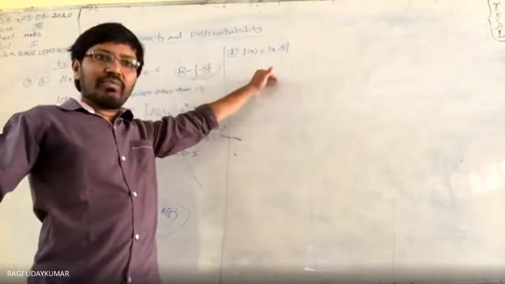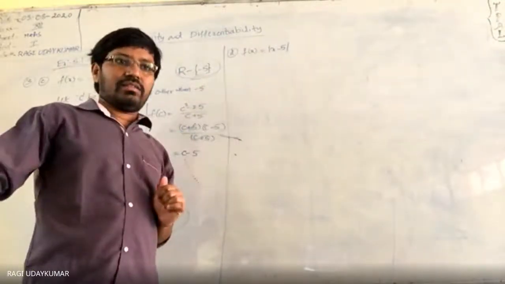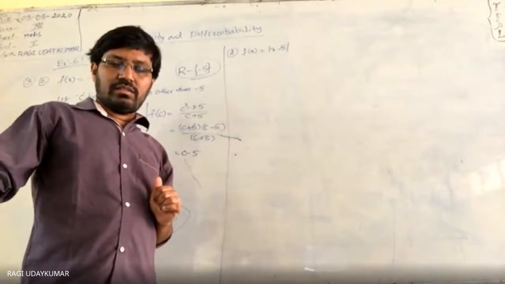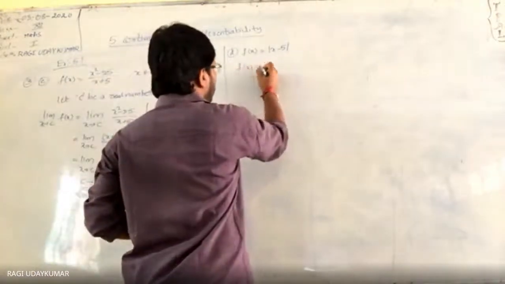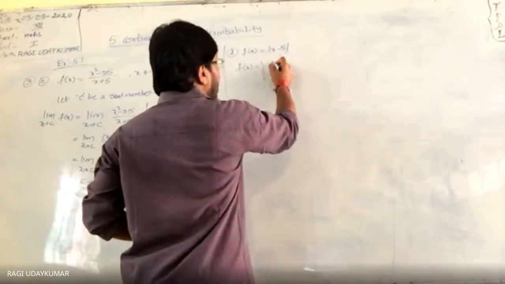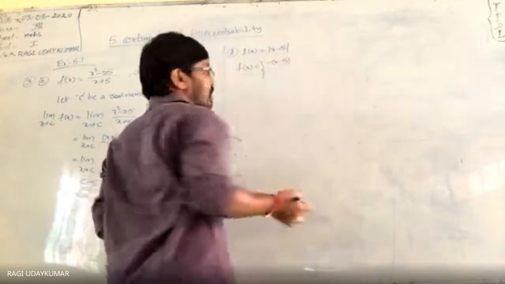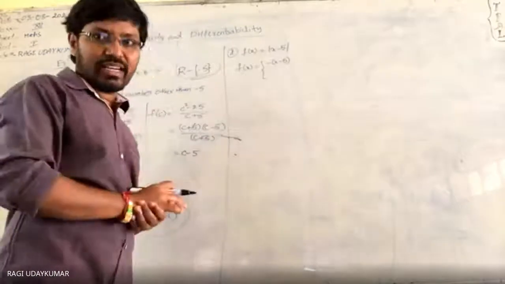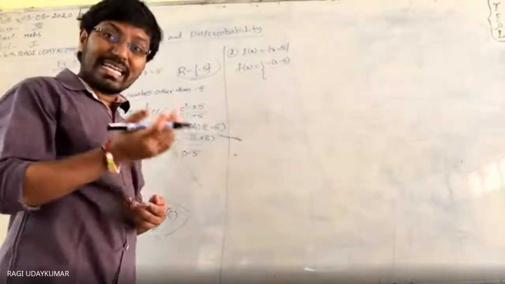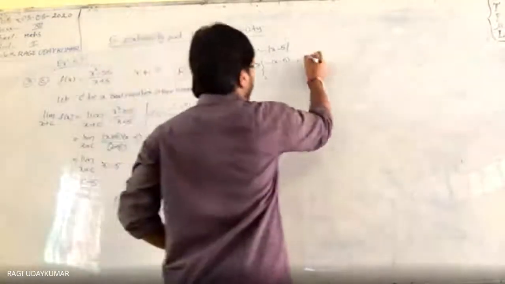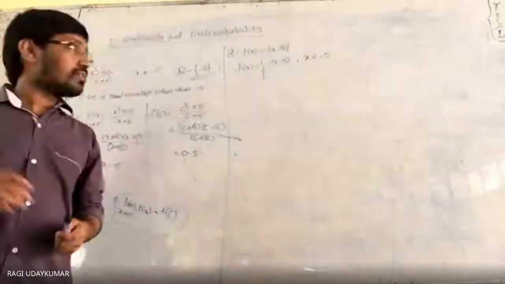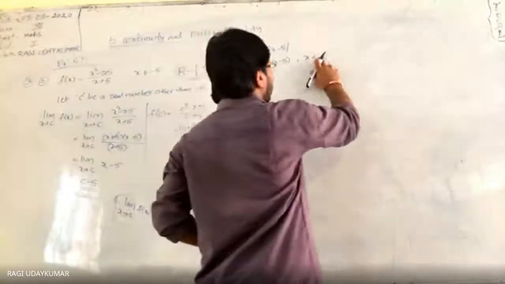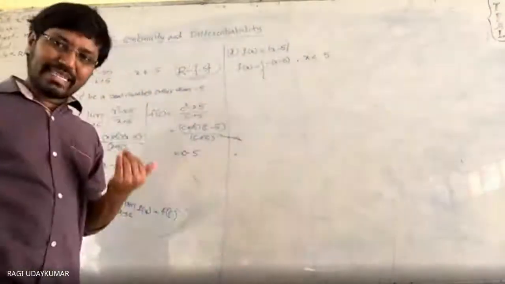This function can also be written in another way. f of x is equal to minus of (x minus 5) if x value is less than 5.